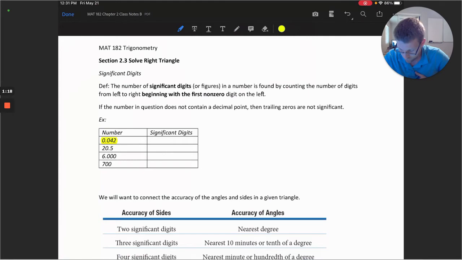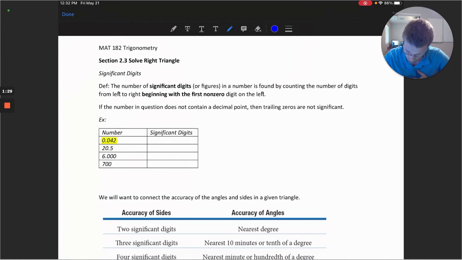So from left to right, the first non-zero digit is the 4, and then we have the 2. So this number is only going to have 2 significant figures. That would be the 4 and the 2.